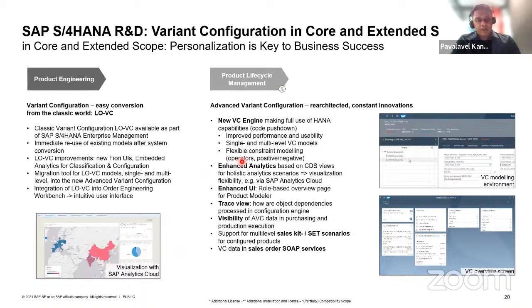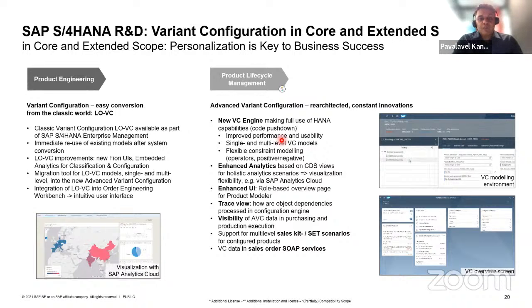What is available as a part of advanced variant configuration? So you have a new VC engine available. What is improved in the new VC engine is improved performance. So you have a single or multi-level variant configuration model.